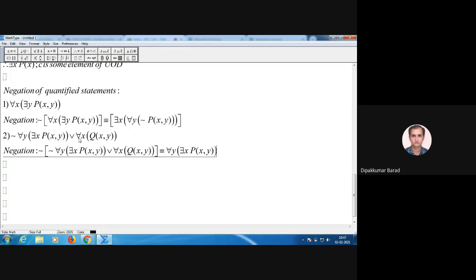Now if I apply this negation, first of all, here we have the negation for the whole statement. I forgot to write one bracket here.